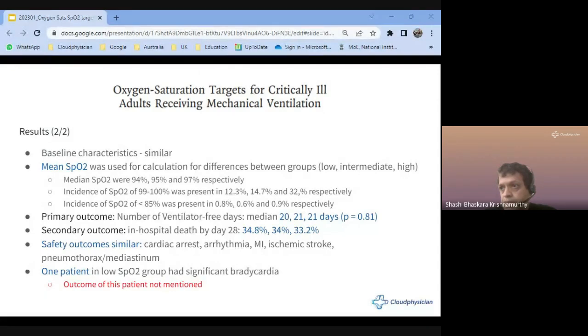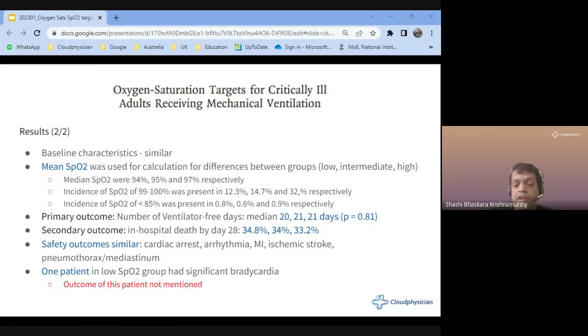But there's not much of a difference in the ventilator-free days. That is 2 days of ventilator-free difference is what we were looking at. In-hospital death was also similar. It's quite interesting to see that these patients who were ventilated had almost a 30 to 35% death rate.